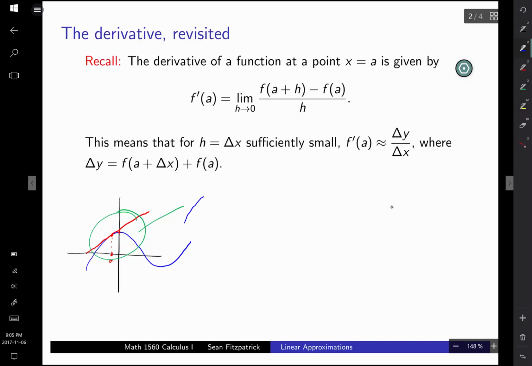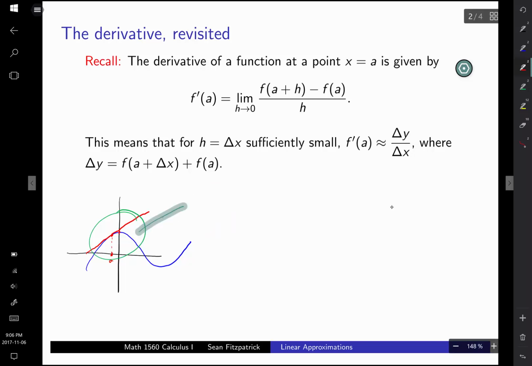The piece of the curve, kind of close up, looks like that. You've got your point, it's here, and you draw your line, and you can see that they're pretty close together. And if you zoomed even further, the curve would look like that, and the line would look like that, right? And the more you zoom, the less you can tell the difference between them. Okay, so we talked about that in the context of defining the derivative.